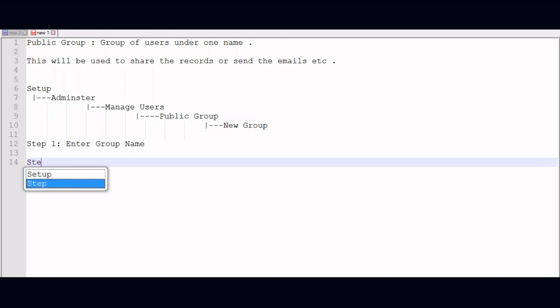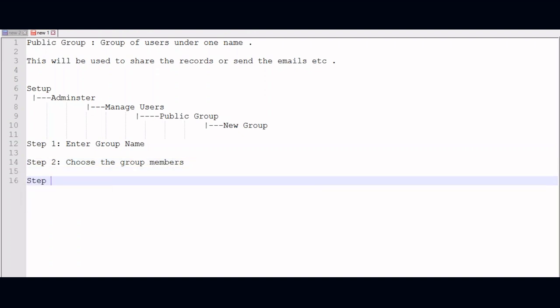Enter group name, choose the group of users, choose the group members.